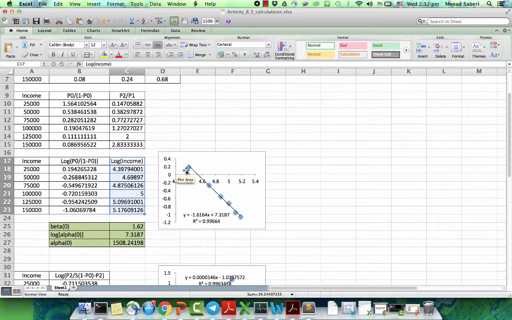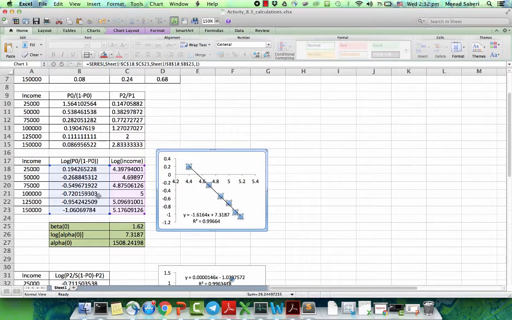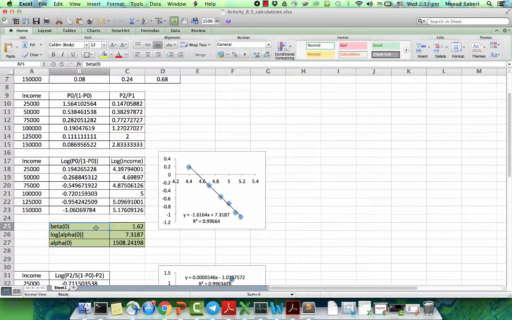And then if I plot them against each other, I can fit a nice linear regression and estimate the parameters, where the coefficient behind this x is my beta 0, and the constant that is estimated is the logarithm of alpha 0, which if I take the exponential of it, I will get the actual alpha 0.